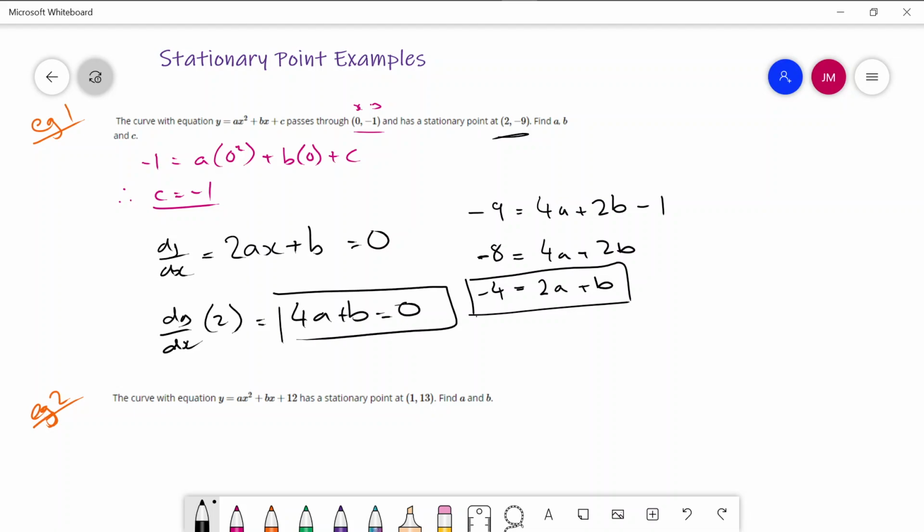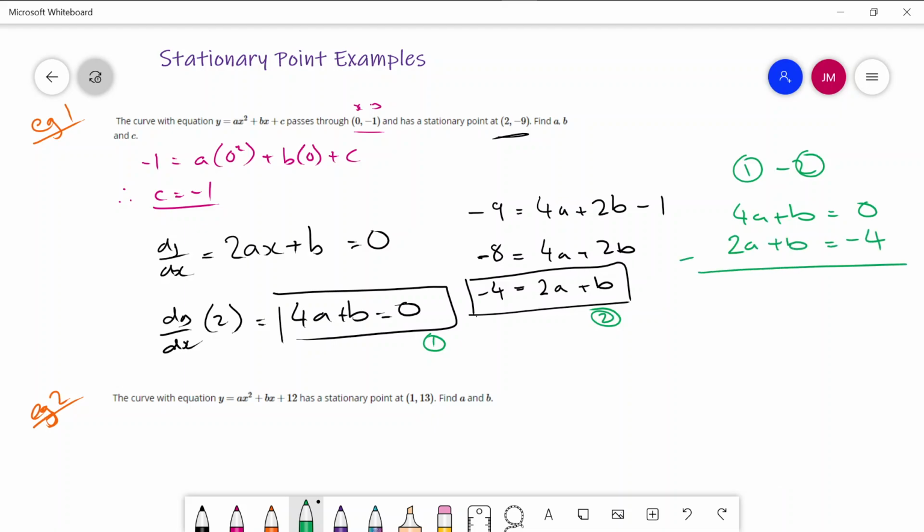We have enough information to find a and b. So I'm going to call this one equation 1, and this can be equation 2. To get them to drop off, I've got b's in both, so let's just minus one equation from the other. Let's go equation 1 minus equation 2. So I'd get 4a plus b equals 0, and 2a plus b equals negative 4.